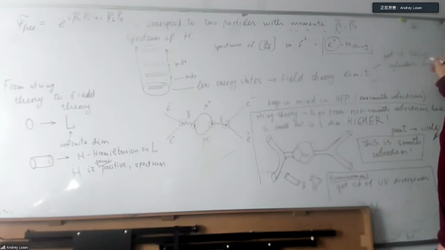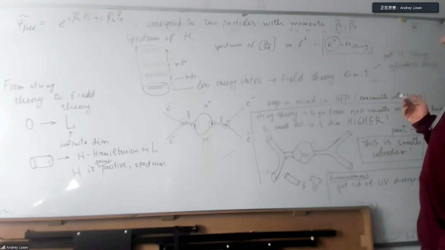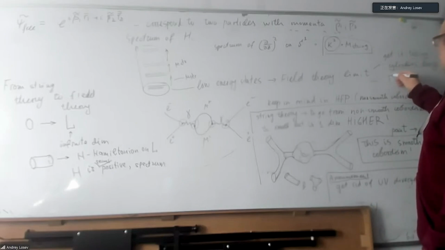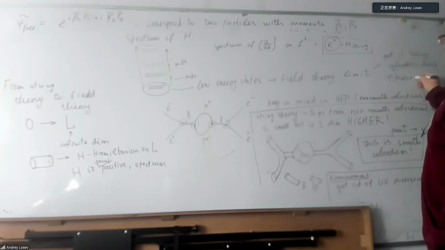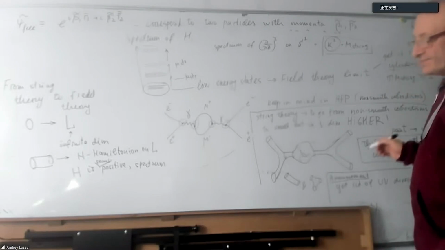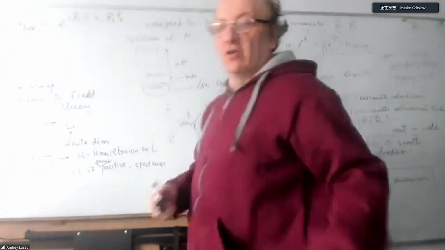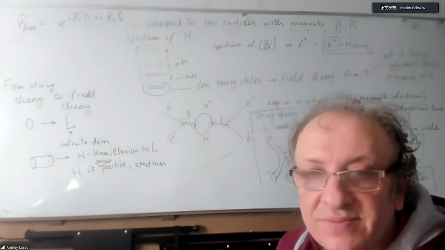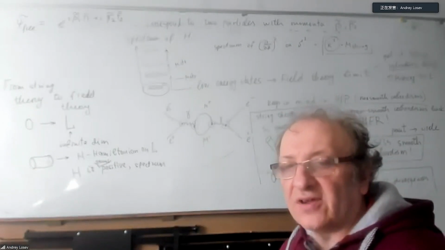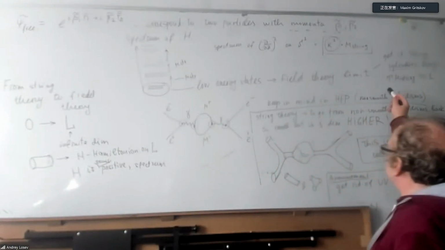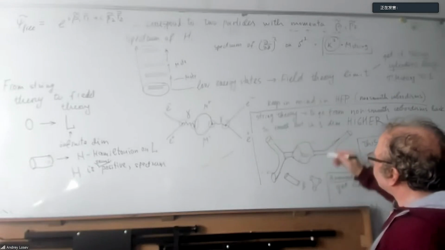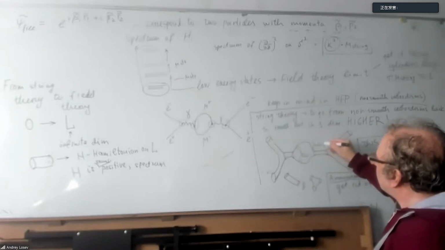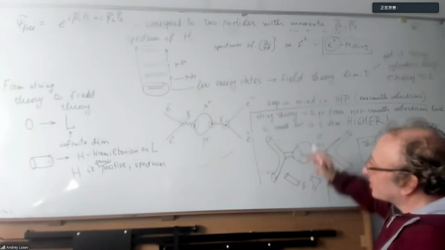So taking cylinders long is what physicists used to say. We would like to say that time times M string should be much bigger than 1. T is the length of the cylinder.